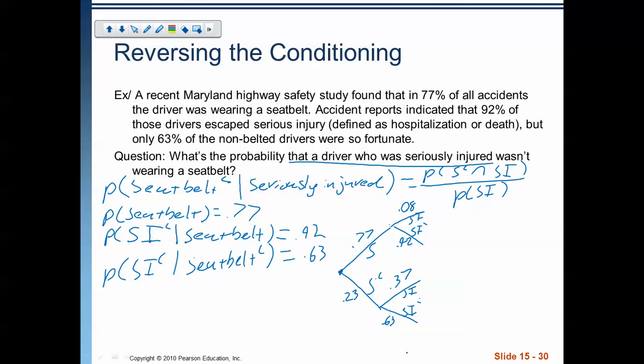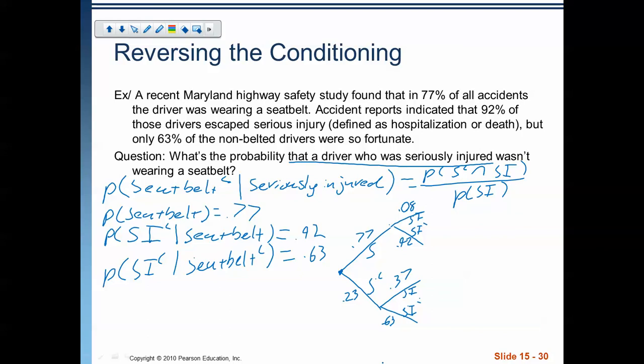Yes, always multiply up the branches. No, because of the flipped condition. All of this tree right here represents a tree diagram where the seatbelt is the initial condition.